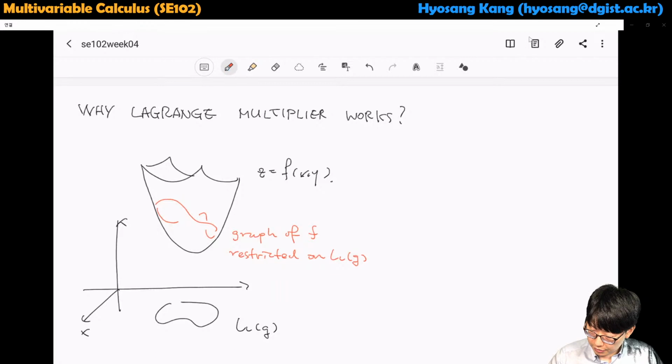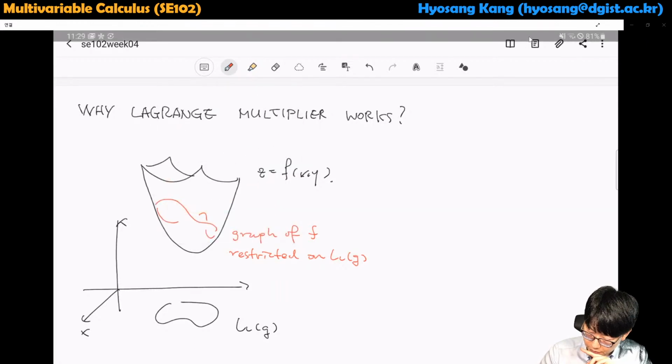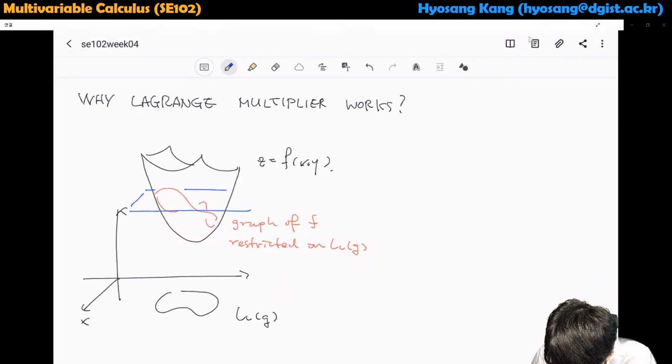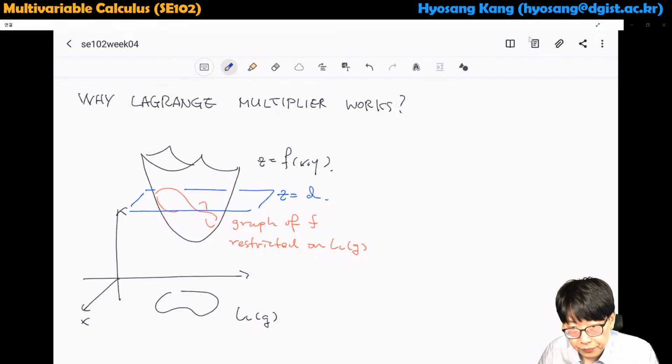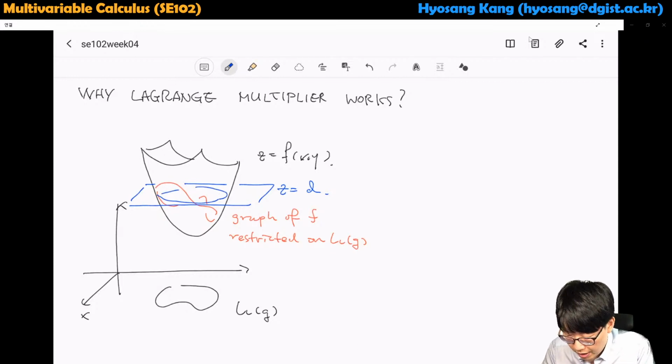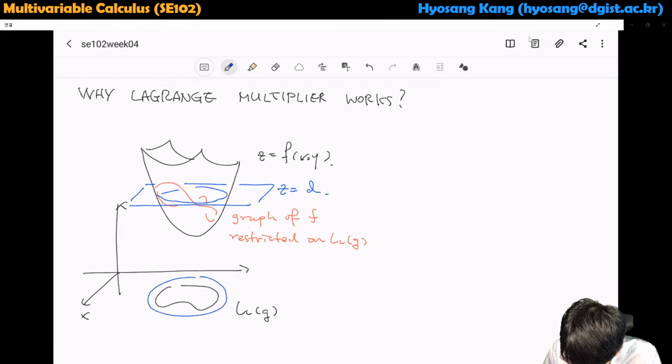So let's try to think about the level set of f. Here I'm going to take a section, z equals d. The level set will look like a circle here, because I made the graph of the function look like an oval. Just an example. The level set could be somewhere here, or it could be smaller.